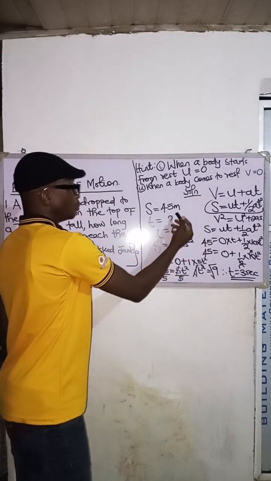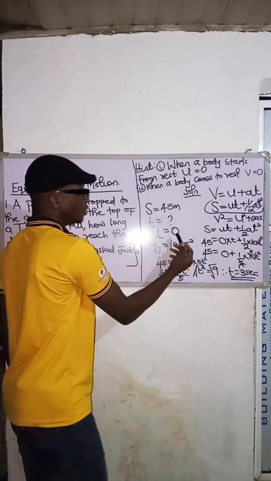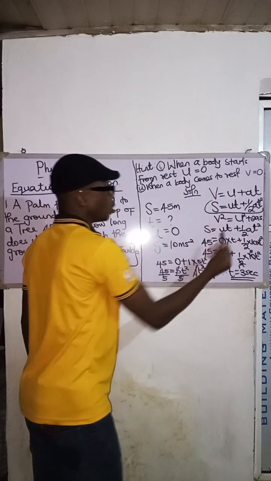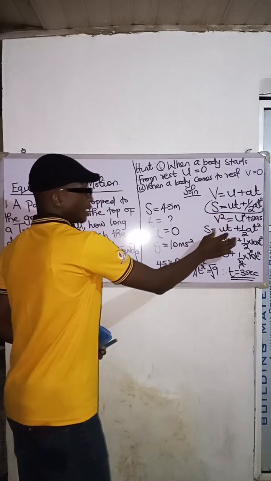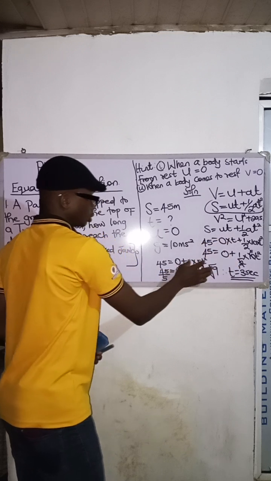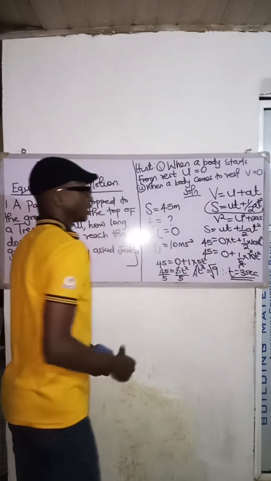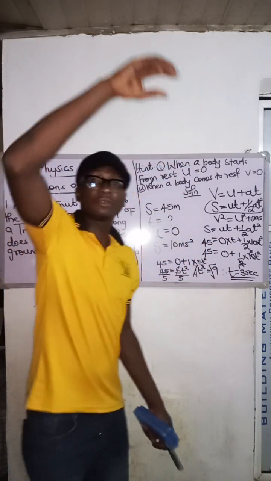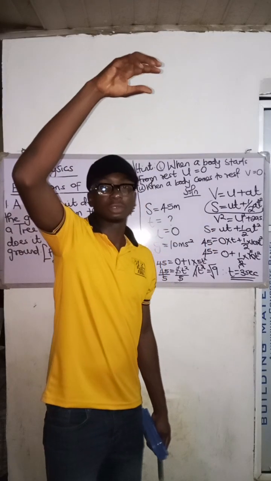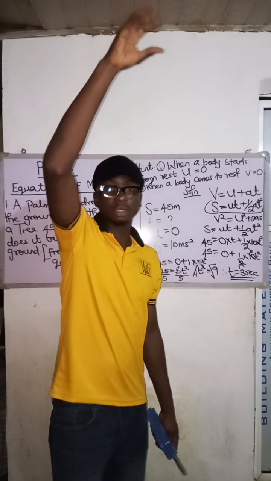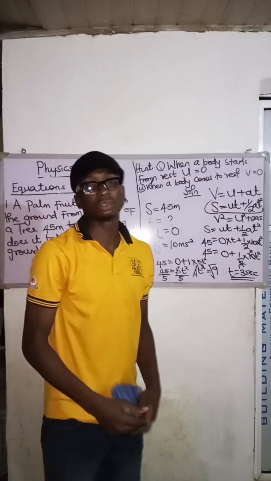Then we brought out the parameters, deduced the formula, the second equation of motion, and solved it. We got our final answer to be 3 seconds. So that fruit on top of the palm tree will fall to the ground in 3 seconds.